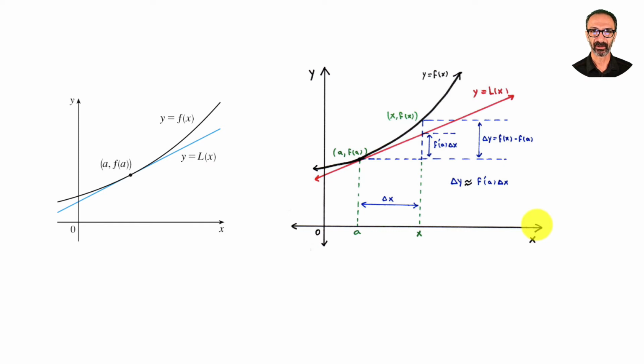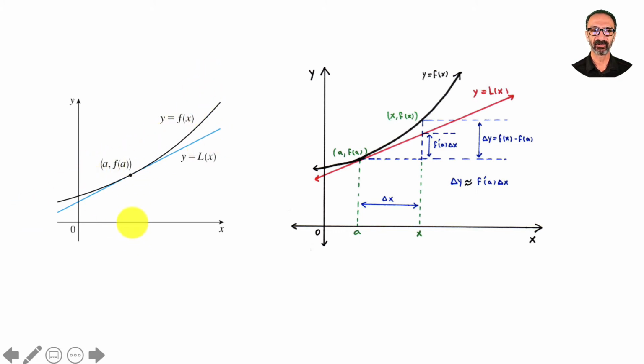I will put the link in the description below if you need more detail, so you could watch it on your own. But quickly, just to give you an idea, if you have the curve y equals f of x, you have a tangent line at a, f of a. Notice at a, both have the same value, either the blue line or the curve in black.